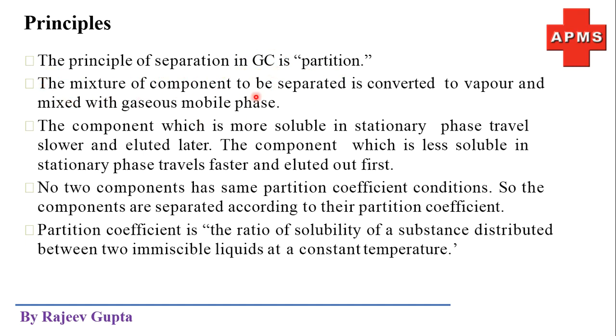The mixture of components to be separated is converted to vapor and mixed with gaseous mobile phase. This is the first part of this experiment, this practical, where a mixture of components, this is our sample, our unknown sample or could be a known sample, will be separated.